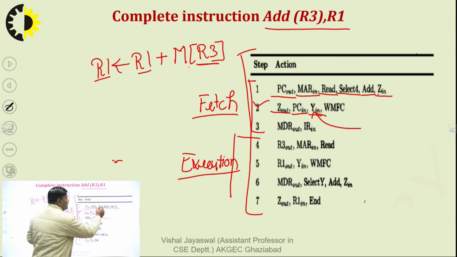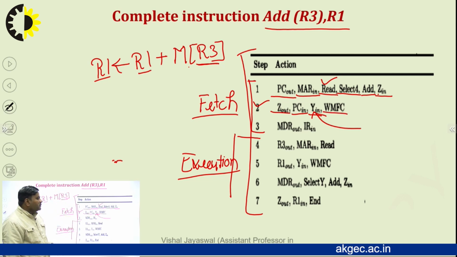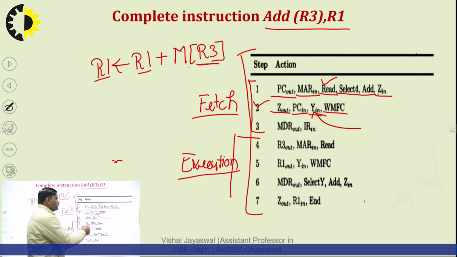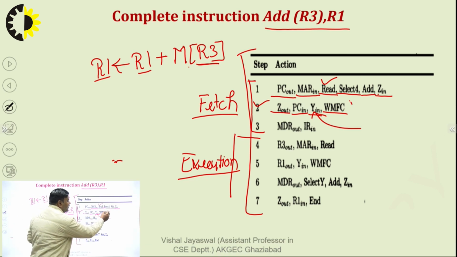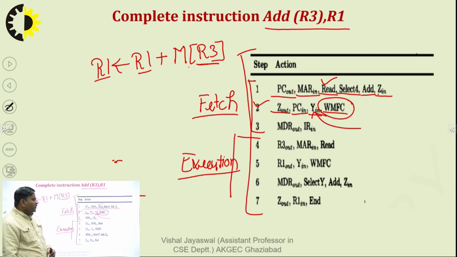We issued the read command in step number 1. So, in step number 2, we have to mention the WMFC control signal, meaning wait for memory function completed, because we are going to read the instruction from the memory and we already issued the read command. Once the memory function is complete, our instruction is fetched from the main memory and goes into the MDR register.